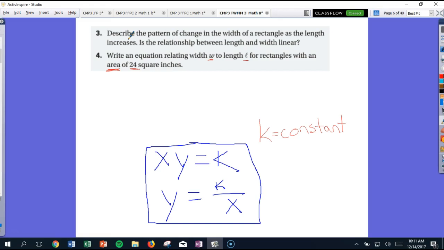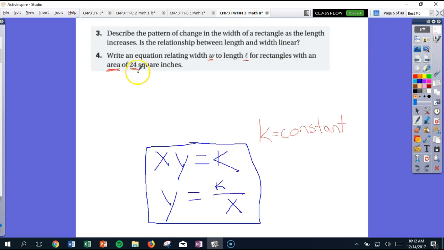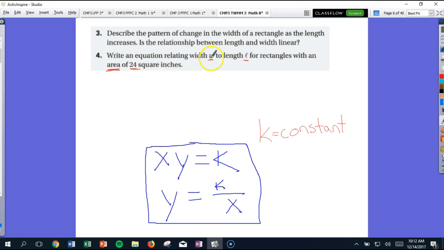Number 3 of part A says describe the patterns of change in the width of a rectangle as the length increases. If we look back at our table, as our length was increasing, what was happening to our width? Number 4, write an equation relating width W to length L for rectangles with an area of 24 square inches.